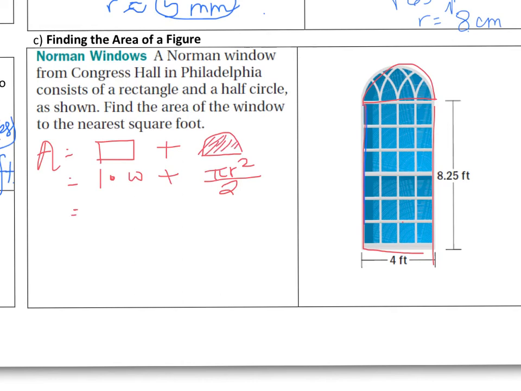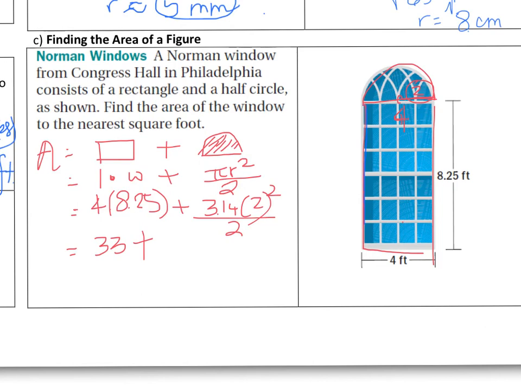So the length is, we can say 4 feet, and the width is 8.25. We can use 3.14. The radius would just be 2, which is half of 4, as you can see right here. And we need to square that. Divide by 2. 4 times 8.25 is 33.